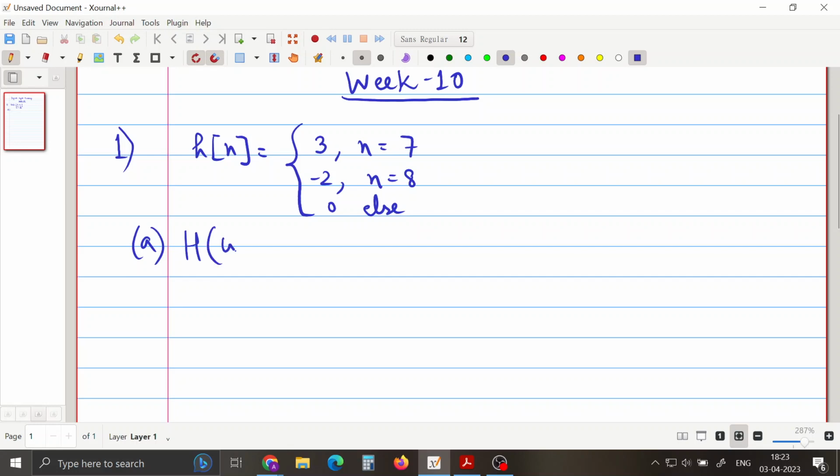And remember, like I said, this capital H of omega is the same as capital H of e power j omega. Here we are just using a slightly modified notation, that's it. So this is given by the DTFT formula, which is this.